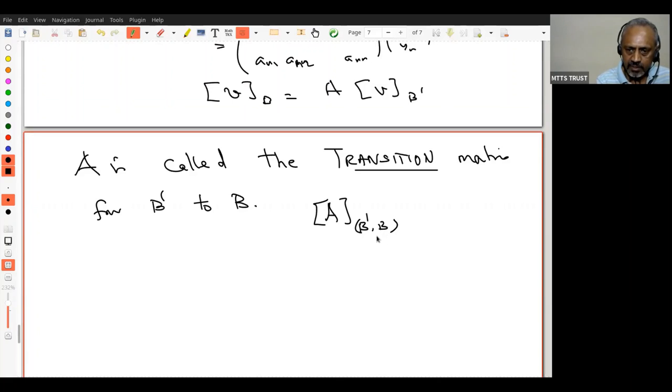So what does that mean? How do I get the coefficients of A, the entries of A? By writing each vector in B dash as a linear combination of the vectors in B. You follow that? So what will be my w1? w1 I wrote as a11 v1 plus a21 v2 plus a31 v3 and so on. Do you see that?